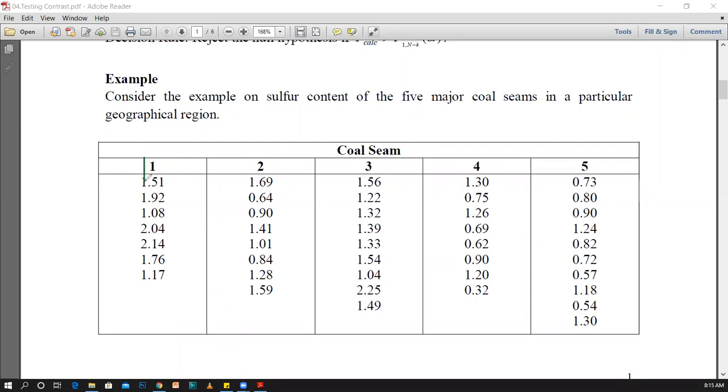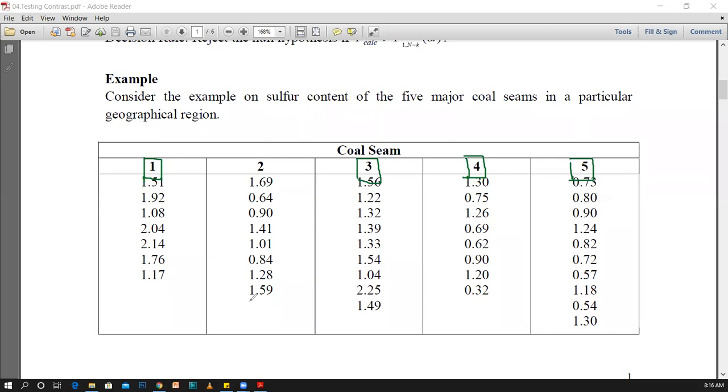Therefore, now we are going to test the combination of coal seams 1 and 3 against coal seams 4 and 5. We need to check whether the average sulfur content of coal seams 1 and 3 is equal to the average sulfur content of coal seams 4 and 5.